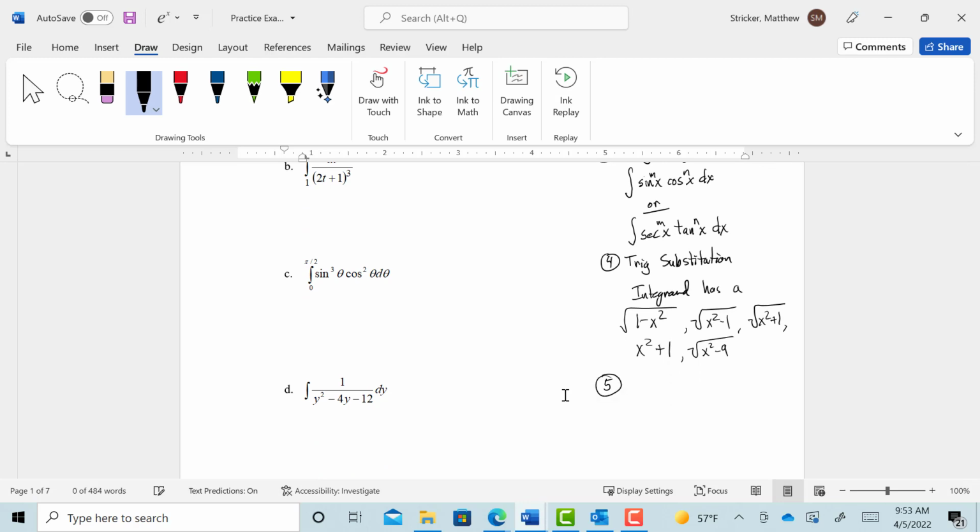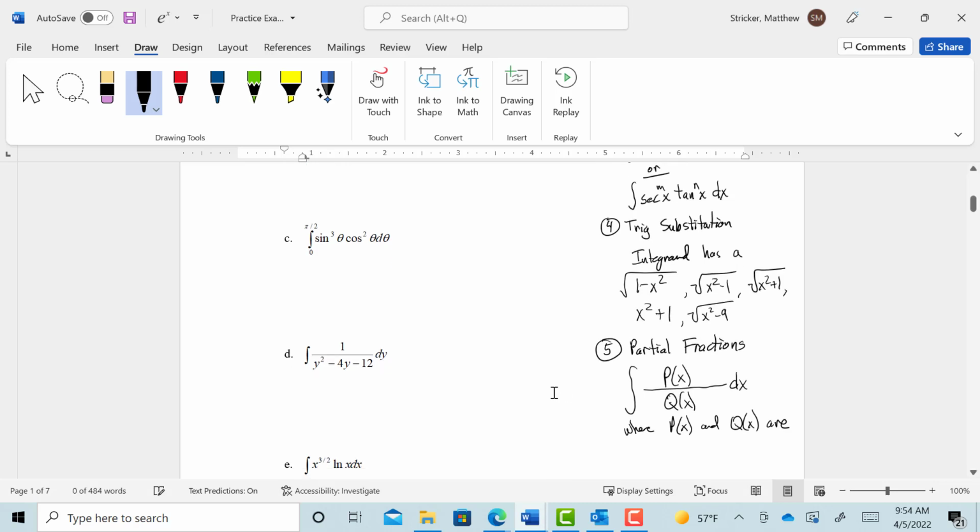And then fifth, we could have a partial fraction problem. This is the last type. Remember, partial fractions look like when you have the integral of something that looks like p of x over q of x, where both p of x and q of x are polynomials.